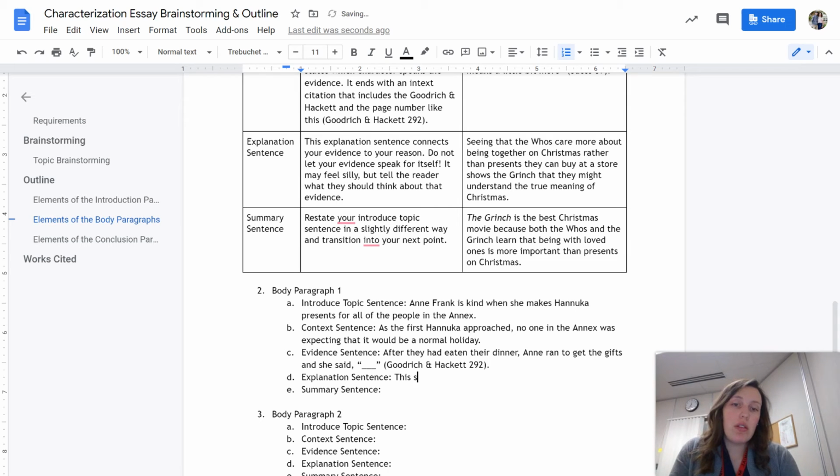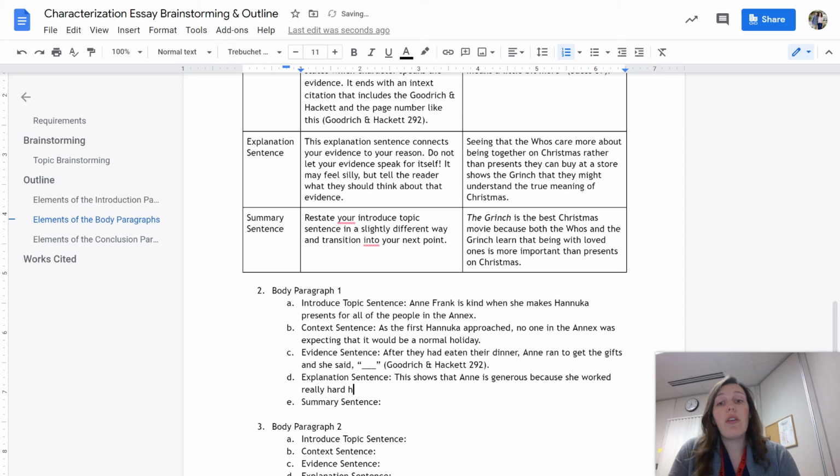So this shows that Anne is generous because she worked really hard making all of the gifts for everyone.